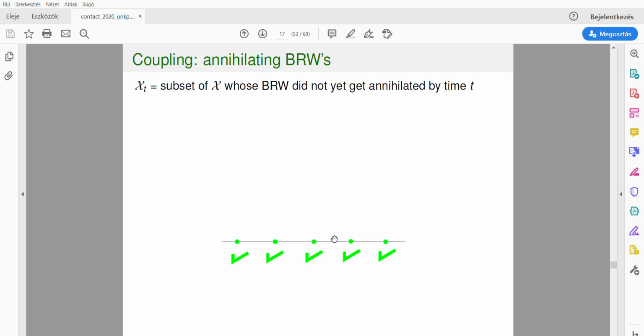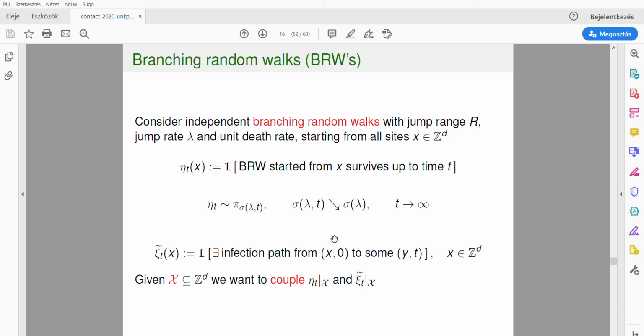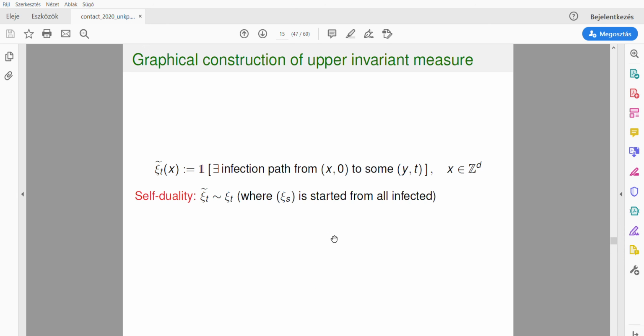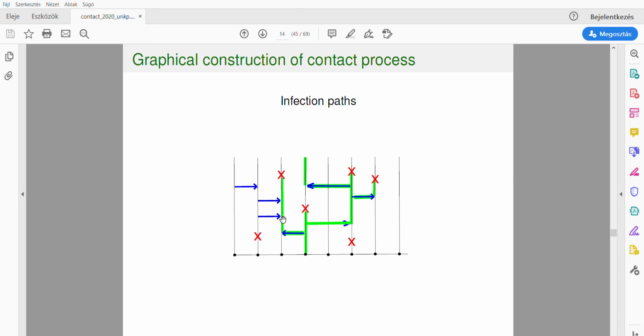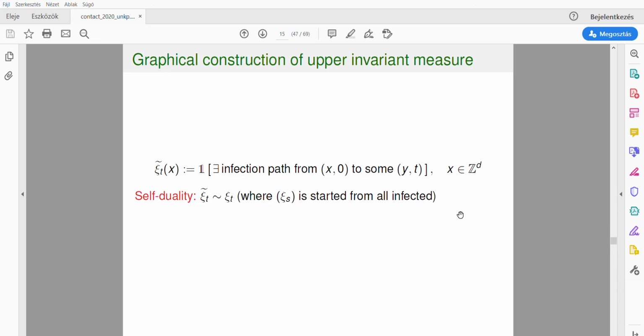And here is the deal. The point of the construction is that as long as you do not observe a particle jumping on top of another particle, you cannot really distinguish between infection paths and branching random walks.